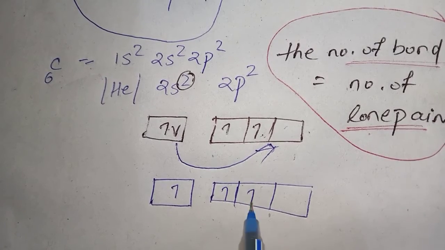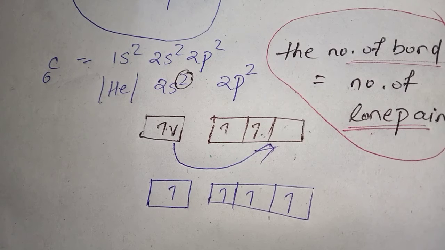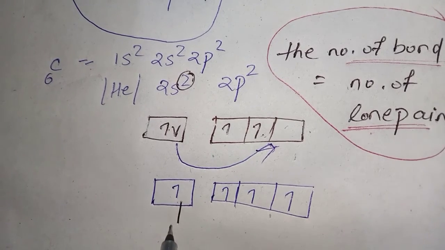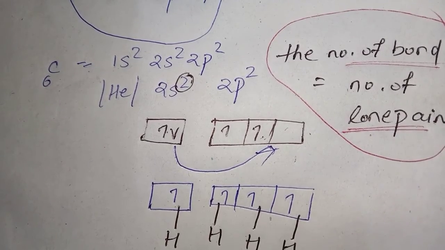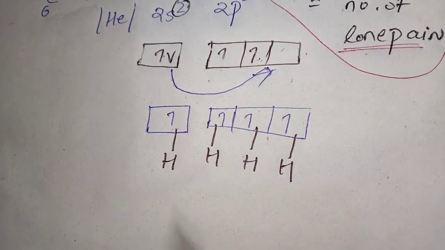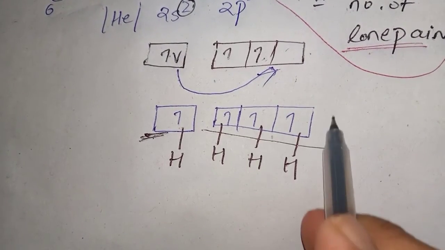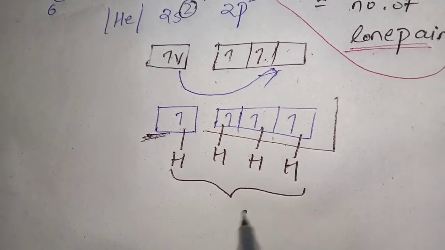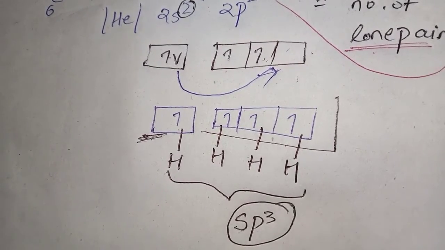So there are 4 valency lone pair electrons present in carbon now, and with all the 4 electrons, 4 hydrogen atoms will be bonded, and this will form CH4. And in this case 1 s orbital and 3 p orbitals intermix. So the hybridization is 1s and 3p, sp3.